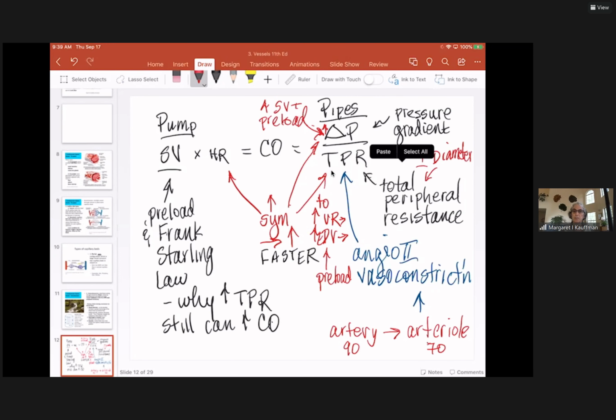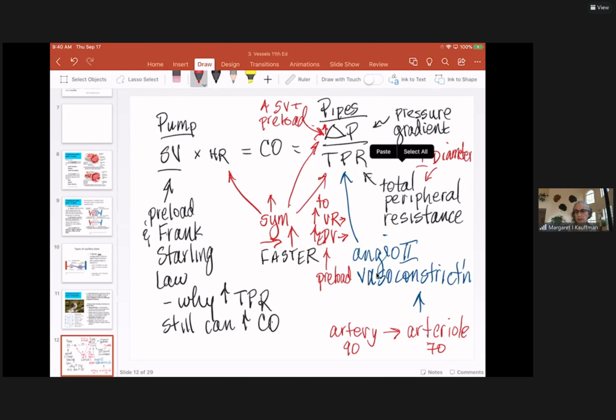If you're using your sympathetic, your local tissue signals might be able to override that vasoconstriction, and we are going to talk today about what those local signals are that could override this. Once you have both of these present, typically those local signals cannot override it. You've got two things saying vasoconstrict, and angiotensin 2 is a stronger stimulus to do that than just sympathetic alone.